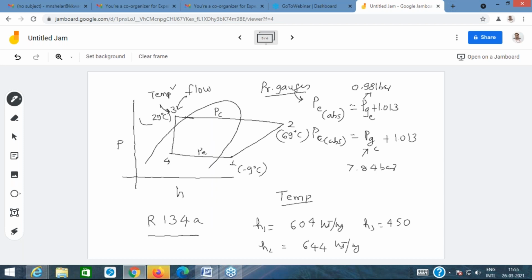This flow meter would record the volume flow rate at 3, capital V3, and from the steam table, if you get the specific volume at 3, you can read out the mass flow rate of the refrigerant. So mass flow rate of the refrigerant times H1 minus H4 is another way of finding the total refrigerating effect, and mass flow rate m_R times H2 minus H1 would give you the actual power consumption.